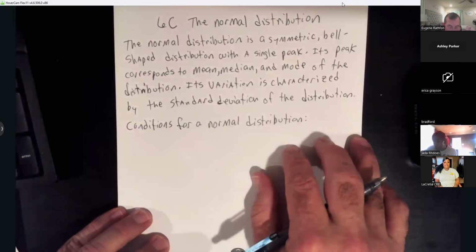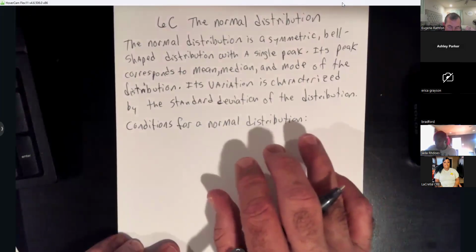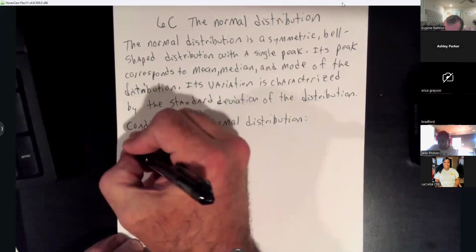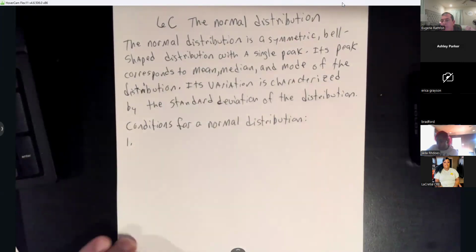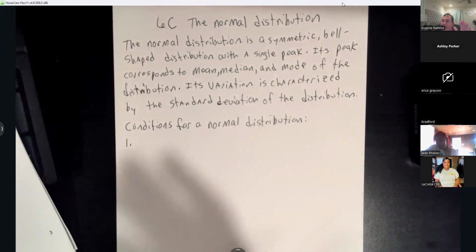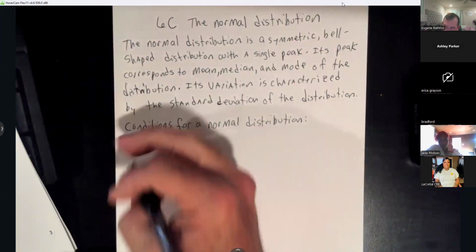All right, so we got four criteria for a normal distribution. First criteria, most of the data values are going to be clustered near the mean or the middle.